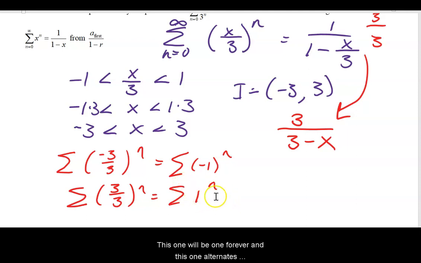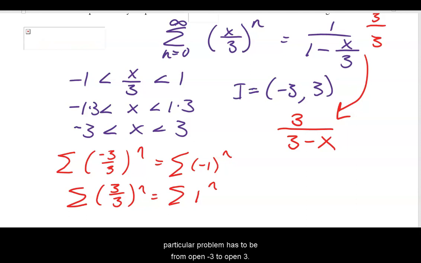This one will be 1 forever, and this one alternates between -1 and 1, meaning that the even terms and the odd terms go to different values. Thus, the limit does not exist. This means that the interval of convergence for this particular problem has to be from open -3 to open 3.